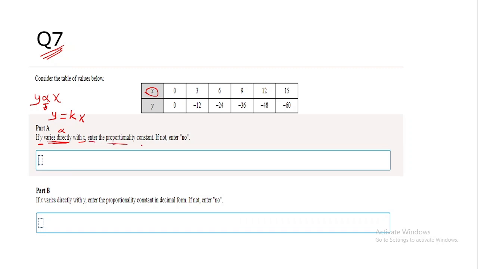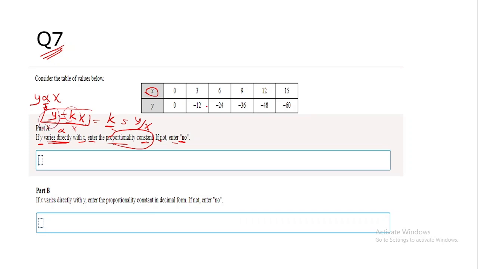Enter the proportionality constant. If not, enter no. So now, this is the equation which we have, and we have here the values for x and y. So that means that k, which is the proportionality constant, will equal y over x, right? If I divide here by x, I will get the k, so y over x.